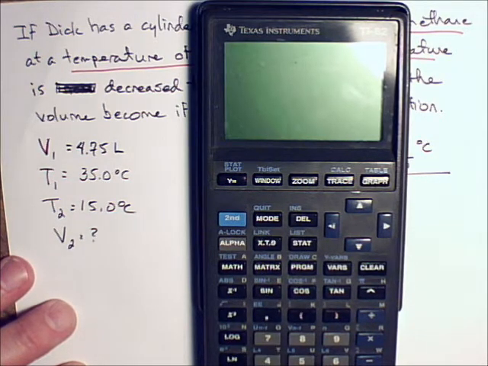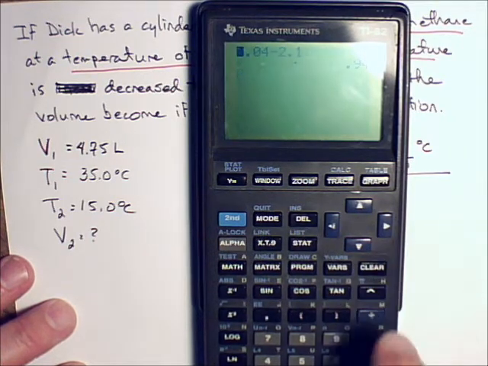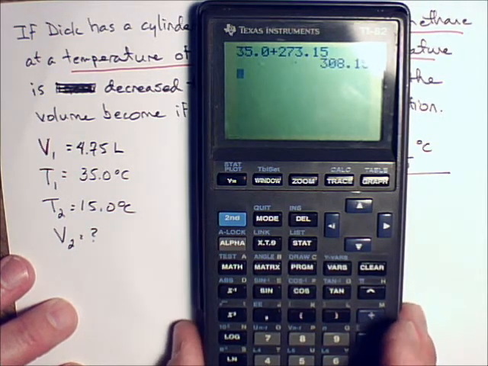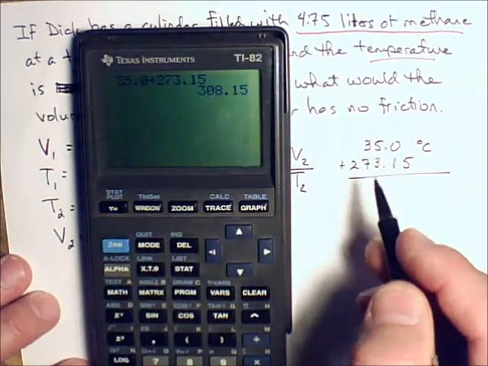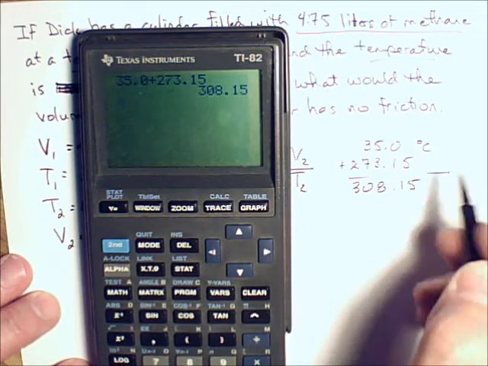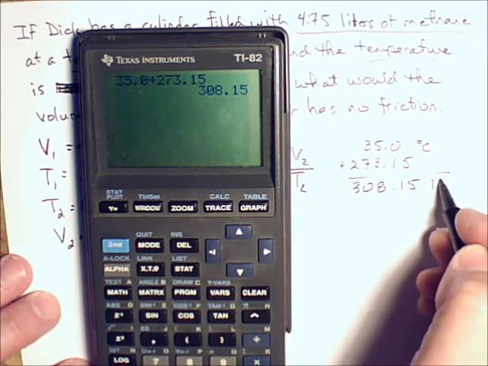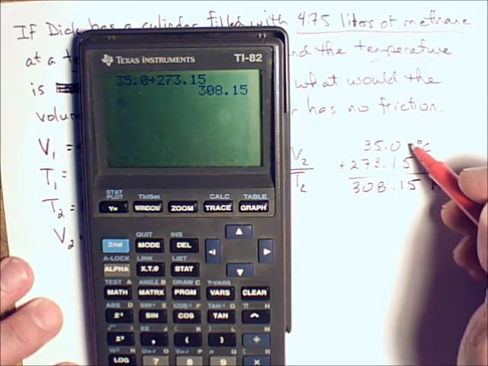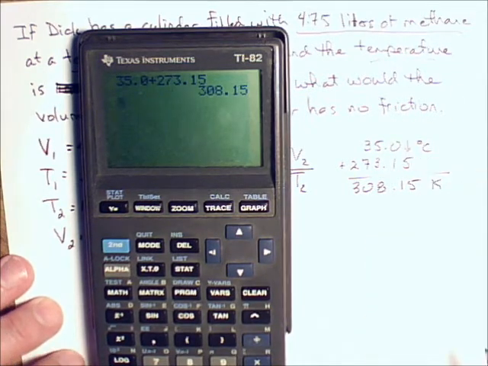Got to turn it on. It helps when I do. 35.0 plus 273.15. I get 308.15. Okay? And that's going to be a Kelvin temperature. Please pay attention. But we have an empty slot right here.